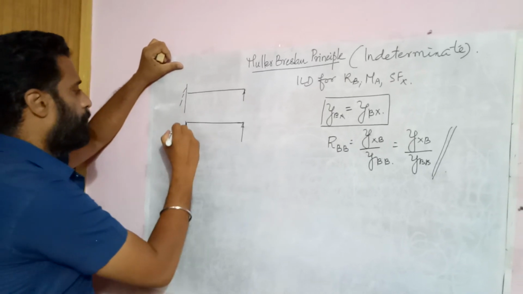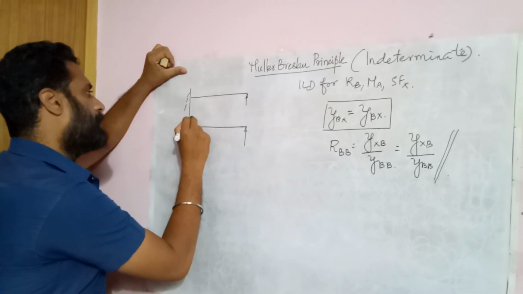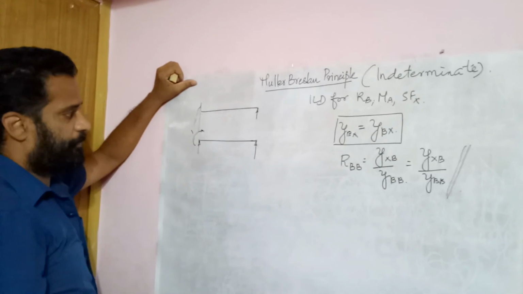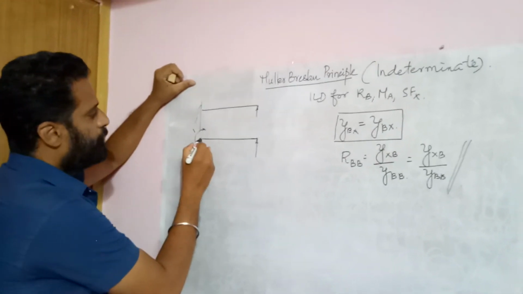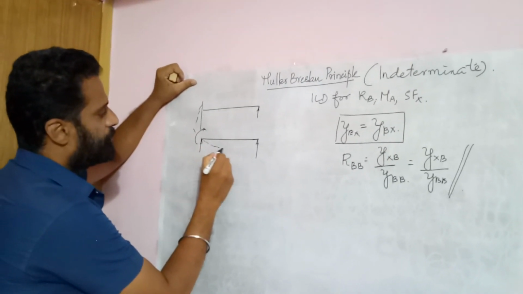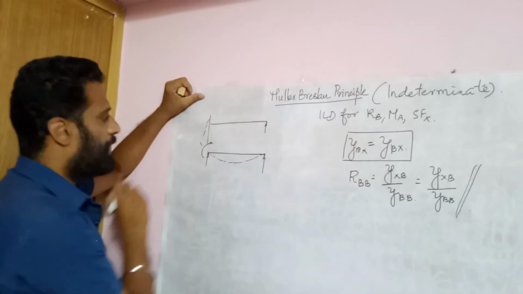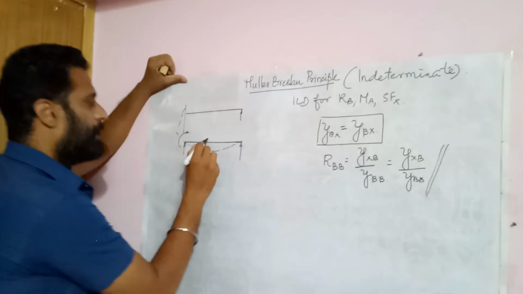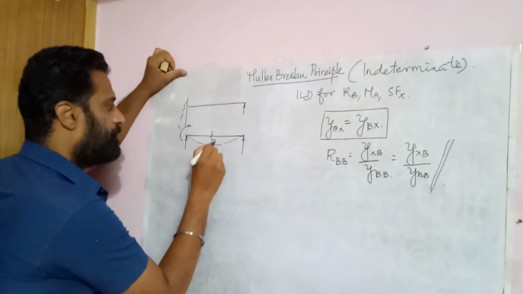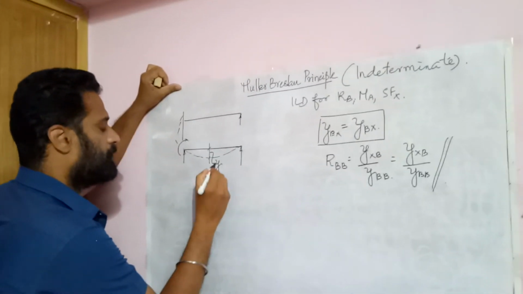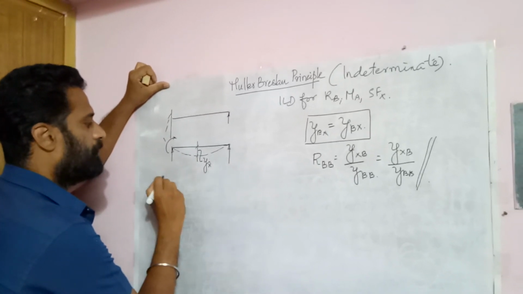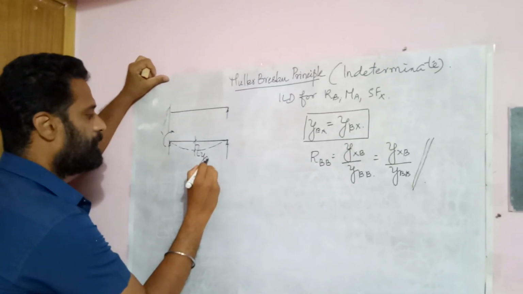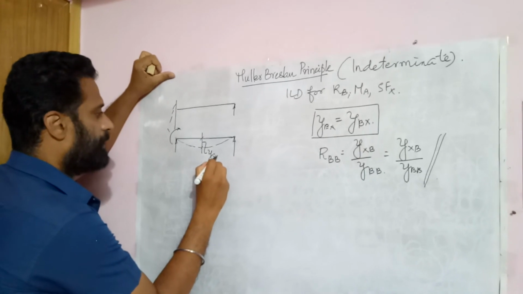You remove the moment alone and apply a unit rotation here. On the unit rotation, you may see this is the deflected shape, which is moreover the ILD. In that condition, you will get a deflection YX due to the unit rotation at A.